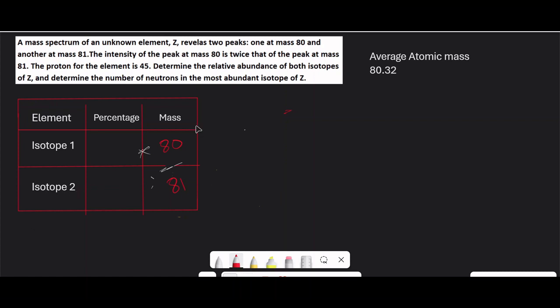Now, if you remember from my last video, we always get this graph of percentage abundance, and here we get our mass over charge. And then we get different peaks to represent how much mass we have and at what percentage. So let's draw here. This is 80, the first one, and it says that this one is twice the peak at mass 81.